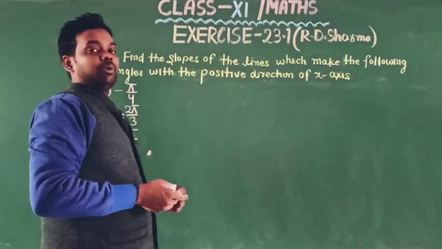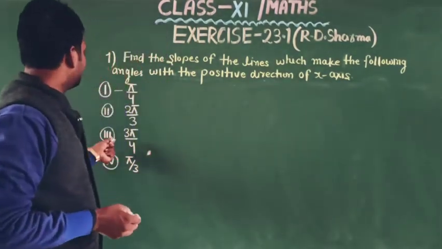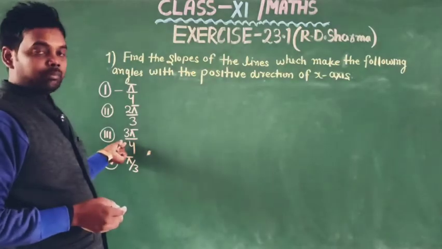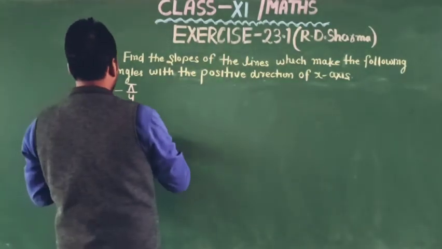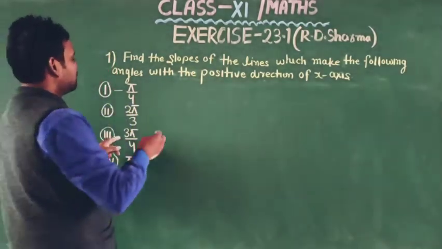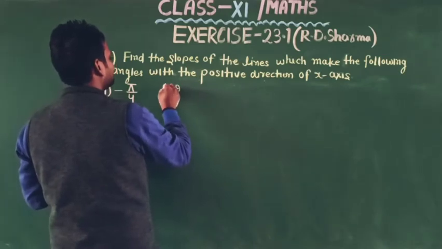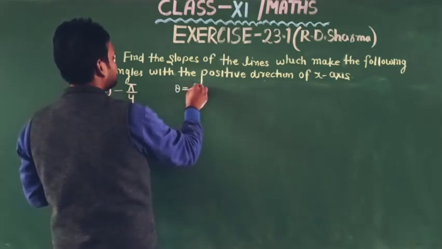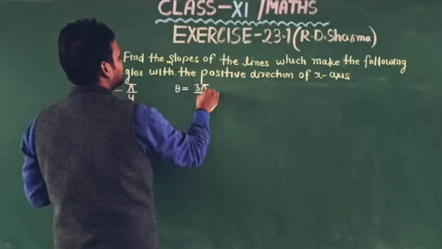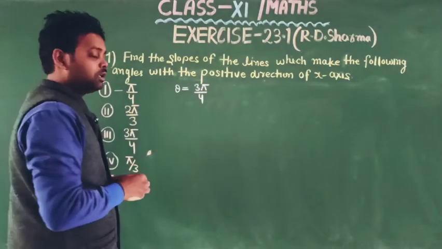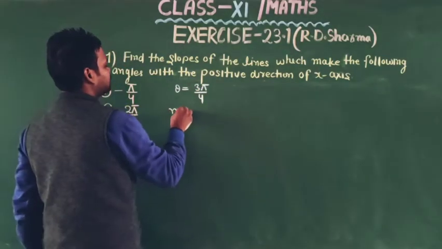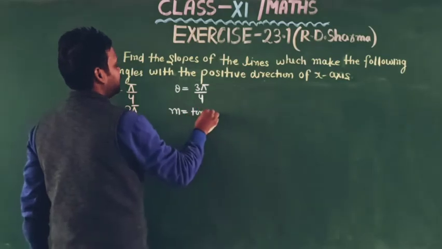Children, further move to the third part. The angle given is theta equal to 3 pi by 4. The slope is m equal to tan theta.